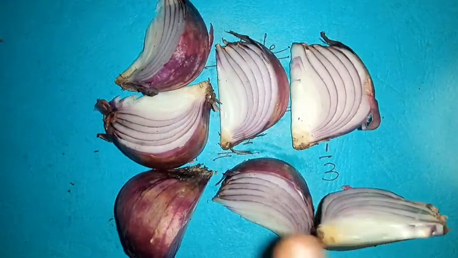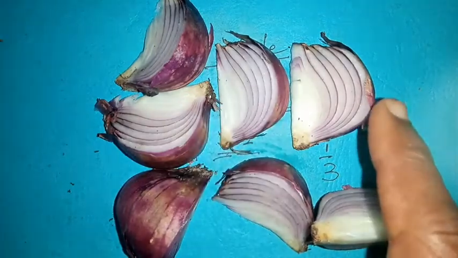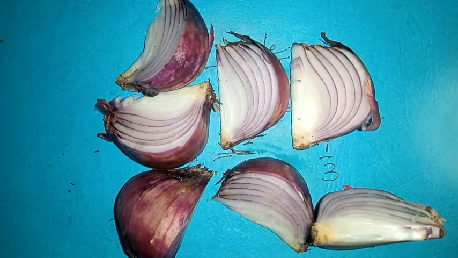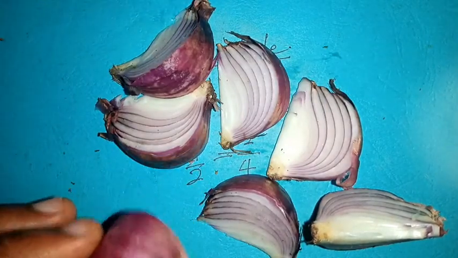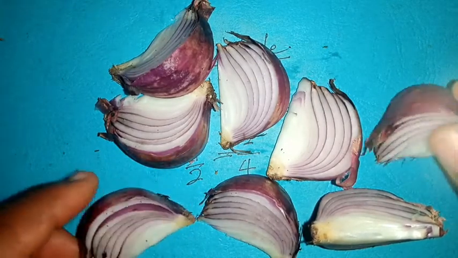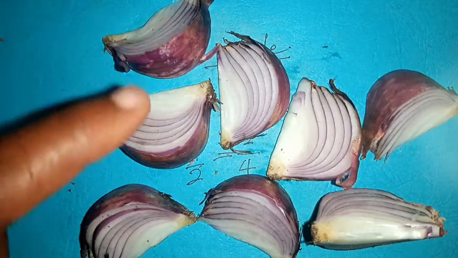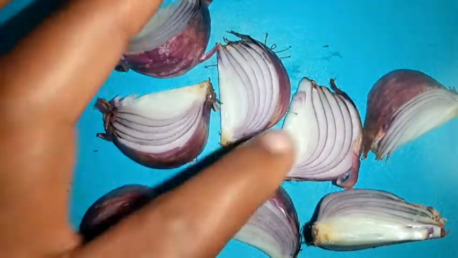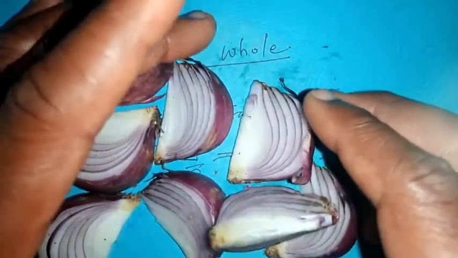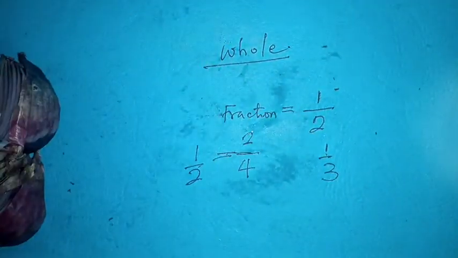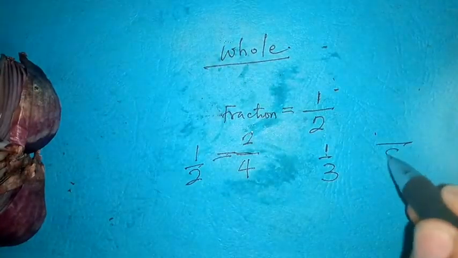No, we have 1, 2, 3, 4, 5, 6, 7. It's going to have a denominator of 7. Oh, sorry. We have 1, 2, 3, 4, 5, 6, 7, 8. We have 8 now, so the 8 is going to be the denominator.